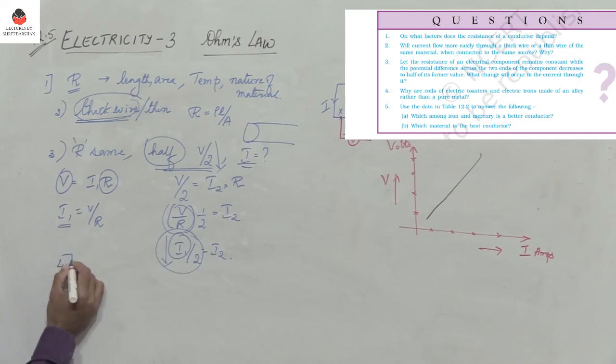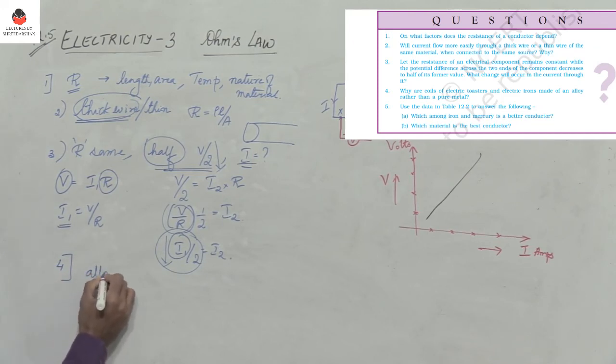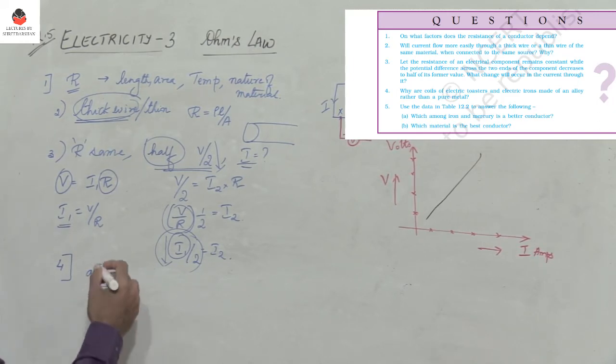Fourth one: why are the coils of any electric device made up of alloy when compared to pure metals? Because alloys have very high resistivity and hence a much higher melting point. Most electric coils and electric heaters are made up of alloys. So the fourth question is, why are coils of electric irons and heaters made up of alloys when compared to pure metals?